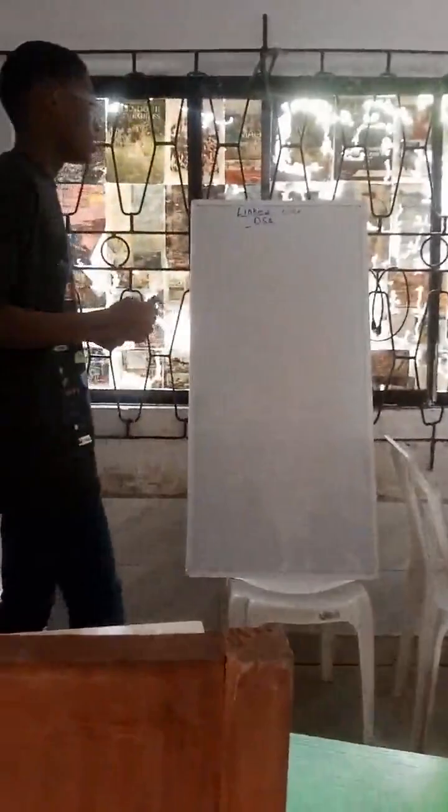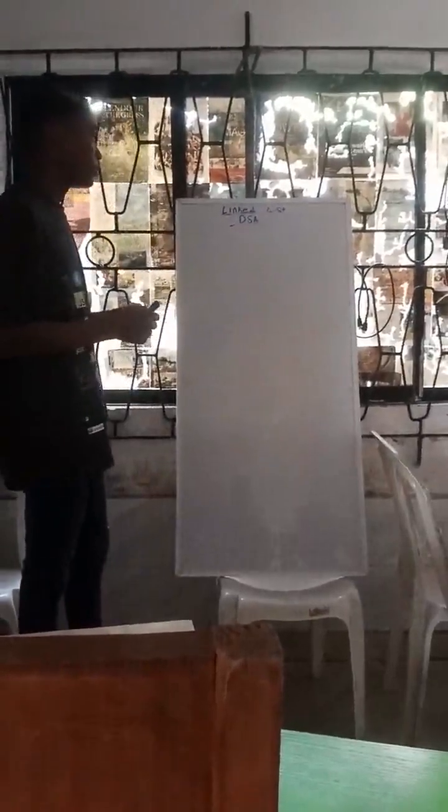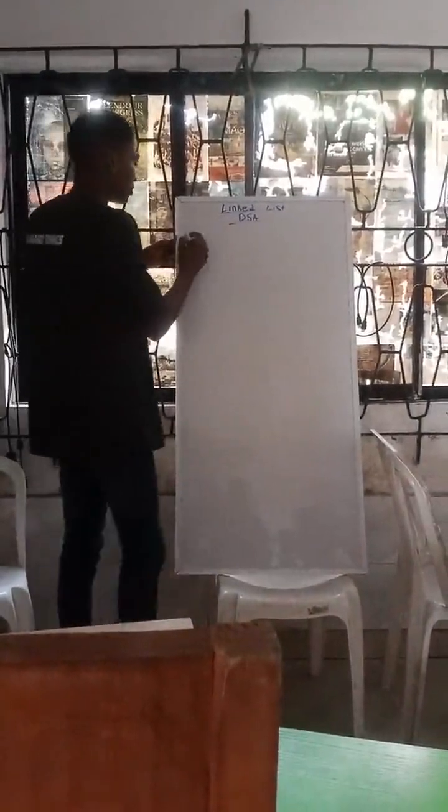So now let's get started. In order to create our linked list, we first of all have to create an empty node. We're going to use a class to do that.